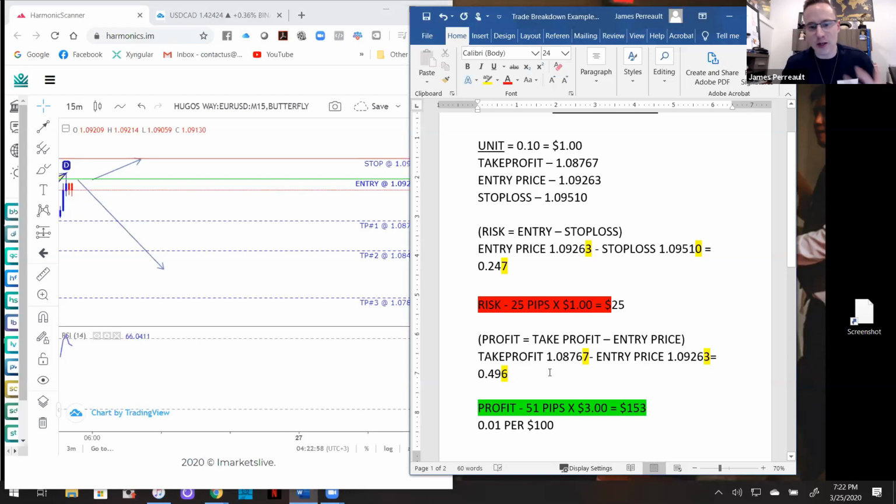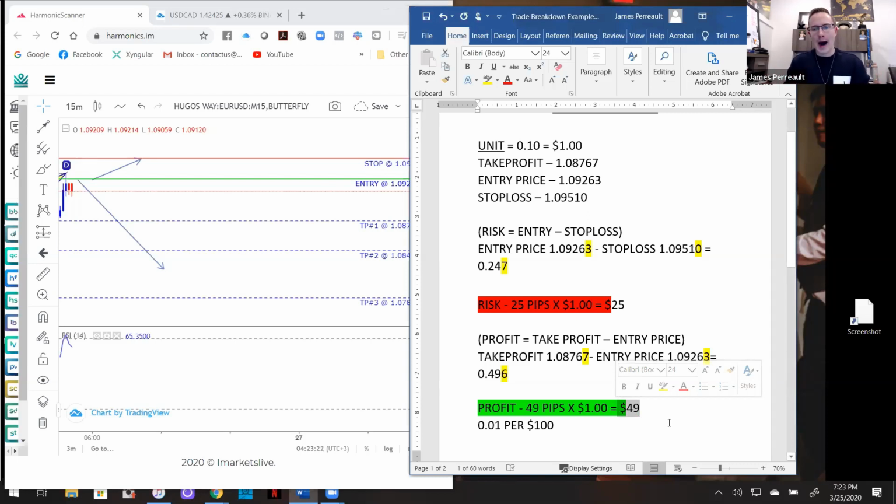Now again, how much is that in terms of a dollar amount? Again, we're referencing our lot size. Very, very easy, quick math. 49 pips times $1 in this case is $49, okay? So it's very basic when you understand the fundamentals and how it works.